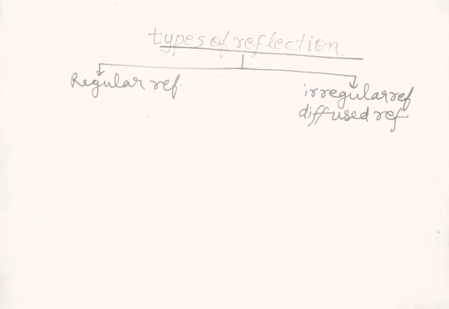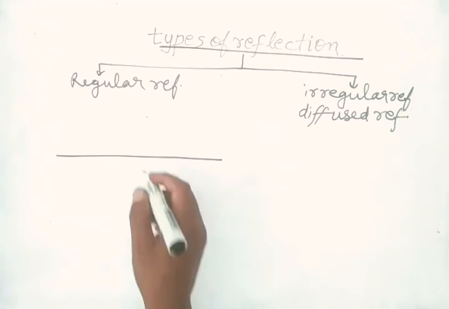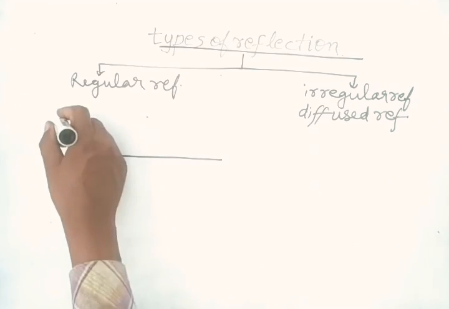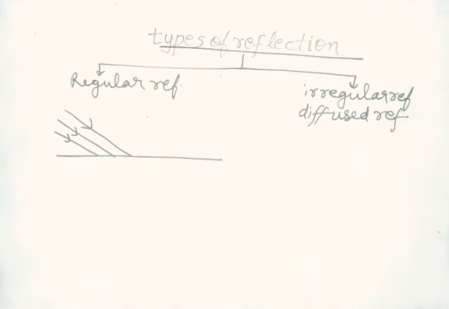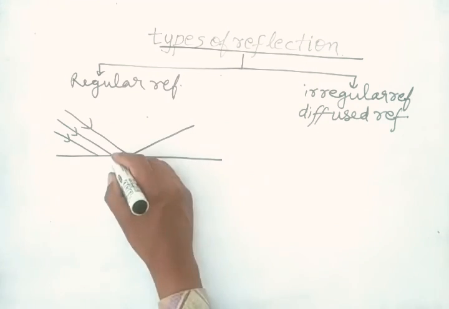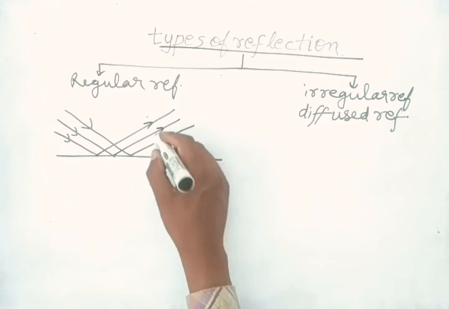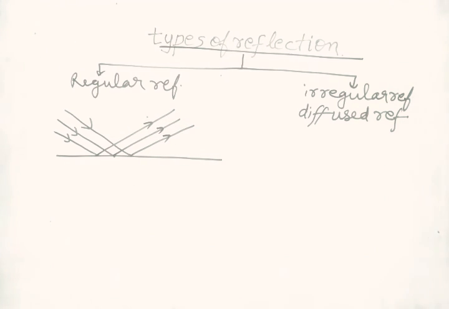All right, so what is regular reflection? It is the kind of reflection in which the intensity of reflected light does not change, or we can say in which light get reflected in well-mannered order.